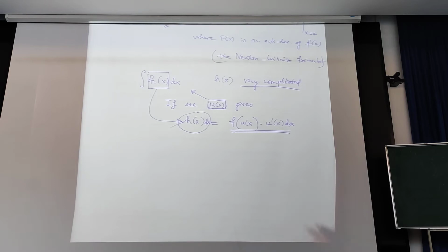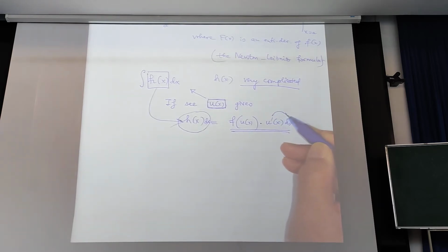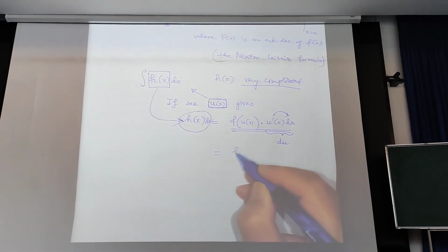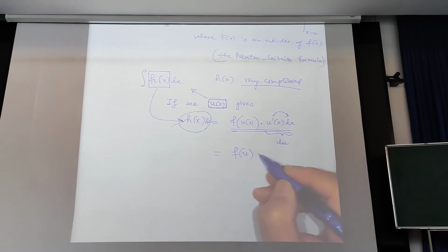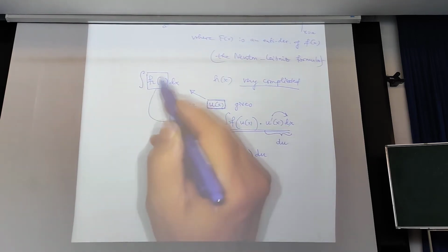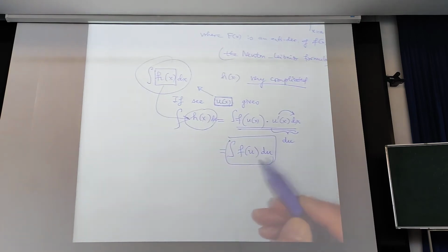then what happens? You can move u prime under the differential to have du, right? Differential is derivative multiplied by dx. And in this case, you have on the right-hand side f of u du. And this complicated integral becomes simpler if f of u with respect to variable u is easy to integrate.